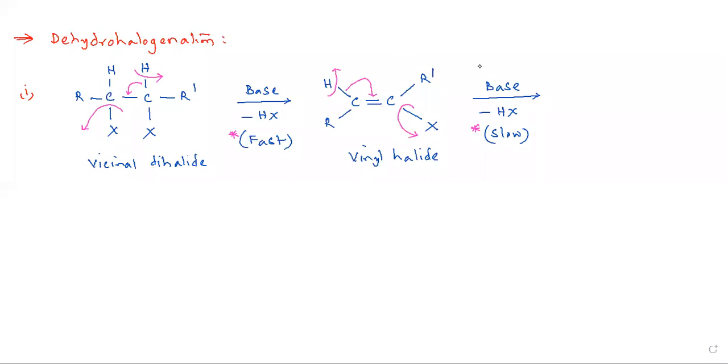That's it. We get alkyne. So this is how the vicinal dihalide undergoes dehydrohalogenation. Hope this is clear.